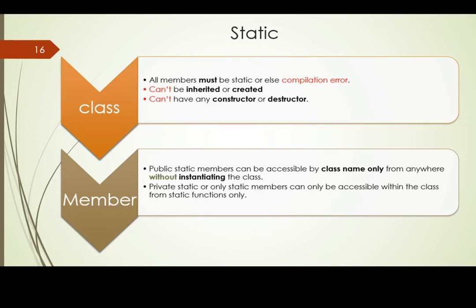It's a very important concept. We are going to go very deep into it. And if you have a private static member or only static member inside a class, then you can only access it from the static members only. Those are the two concepts that you should remember for the members, and we're going to go very deep into it with examples. And let's see the next slide.